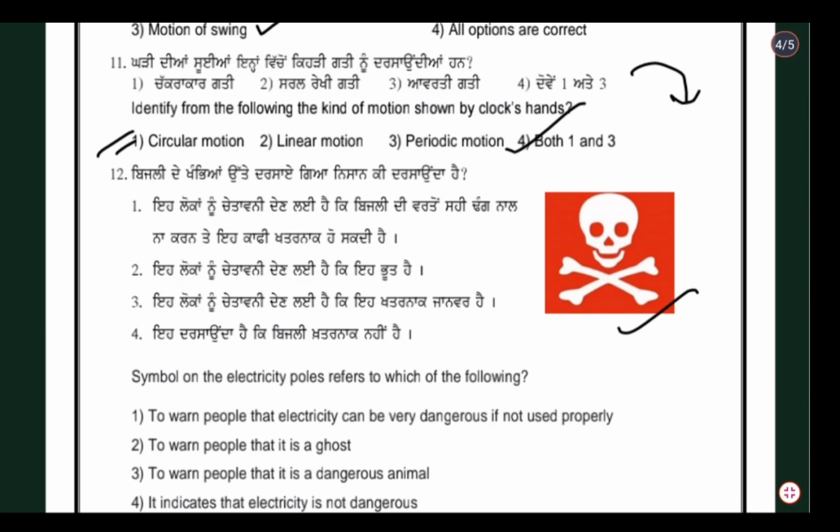So it is a blessing only when we are using it wisely, right? If you are using it carelessly, then it's dangerous, right? So this is the right option number 1.